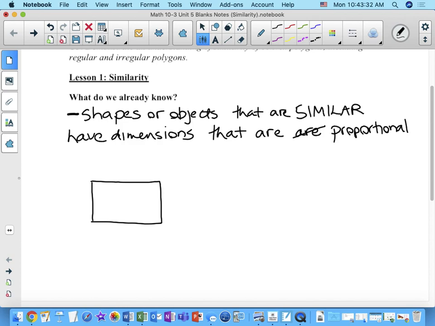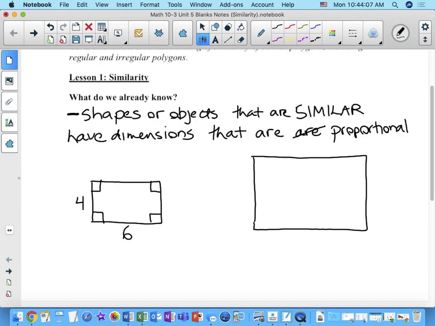So firstly, when we're looking at a rectangle, what are the angle measures of the four angles in a rectangle? 90 degrees, okay? So we're going to look at, let's say, that one and this one.